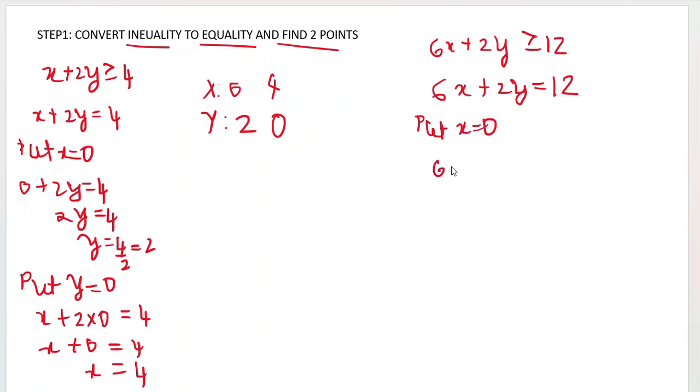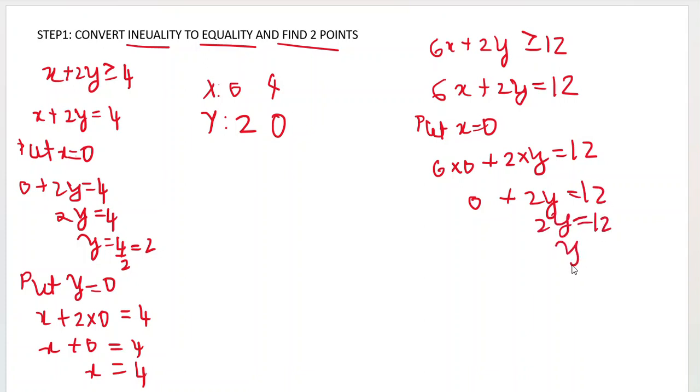We get 6 into 0 plus 2 into y is equal to 12. 6 into 0 is 0, so 2y is 12, and y is 12 upon 2, which is 6. So the first point is when x is 0, y is 6.